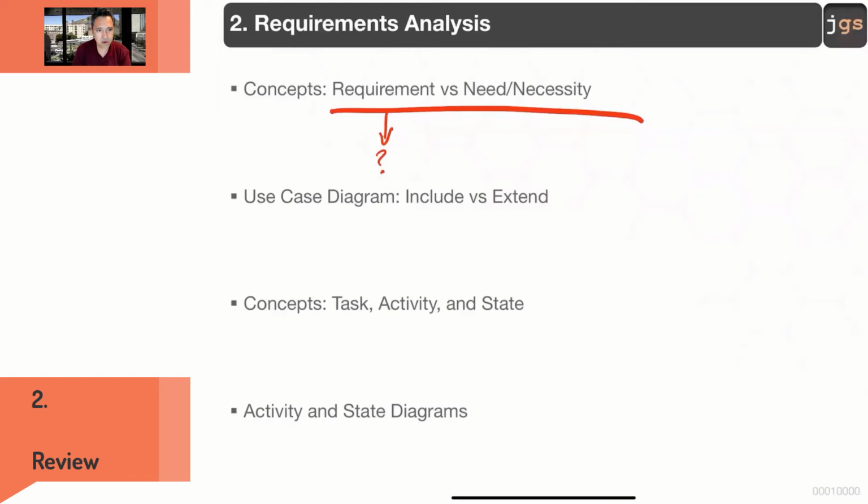Just be sure that you remember which one is which, and just remember that both are requirements. So requirements in general can involve services, behaviors, functionalities, and those are the functional requirements. They can also involve constraints and qualities, and those are the non-functional requirements.